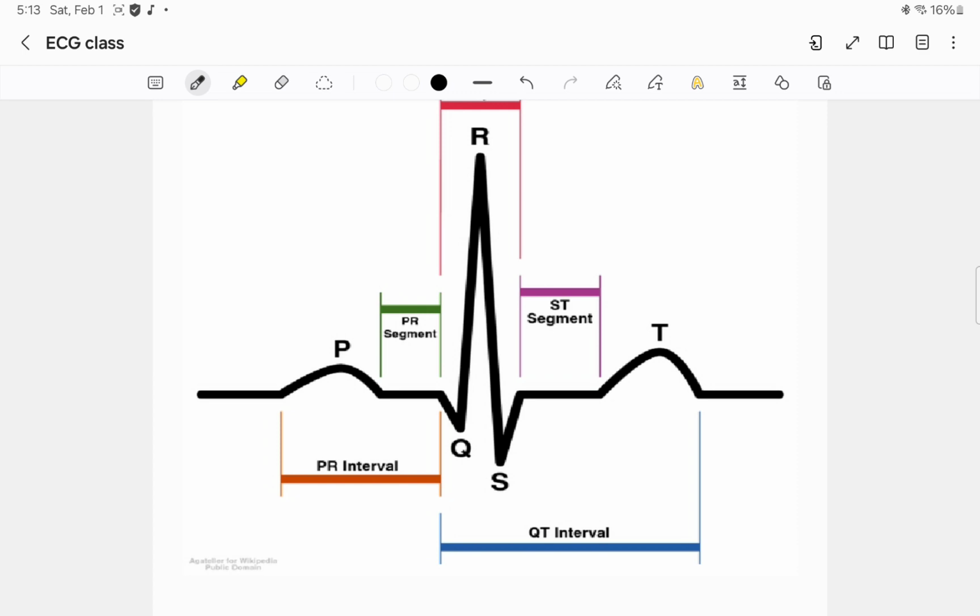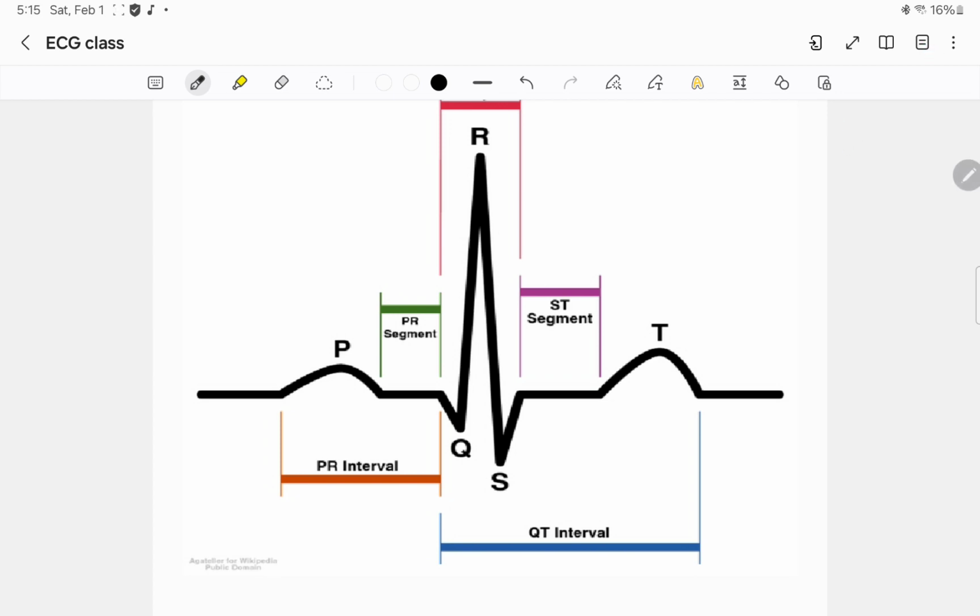With respect to the T wave, we're looking at direction, so is it upright, inverted, or flattened? And we're also looking at the dimensions. So is it particularly large, or is it particularly small?